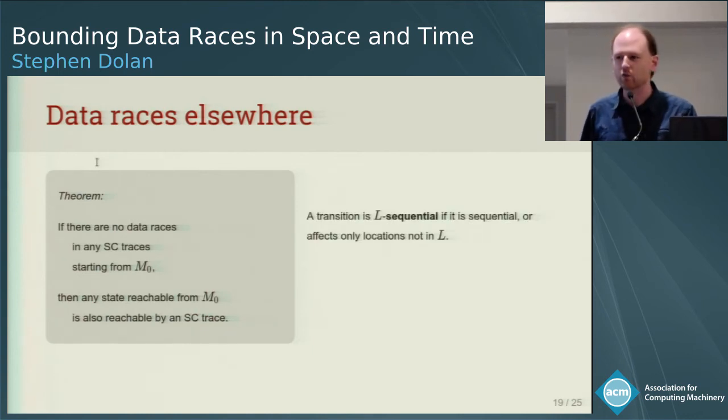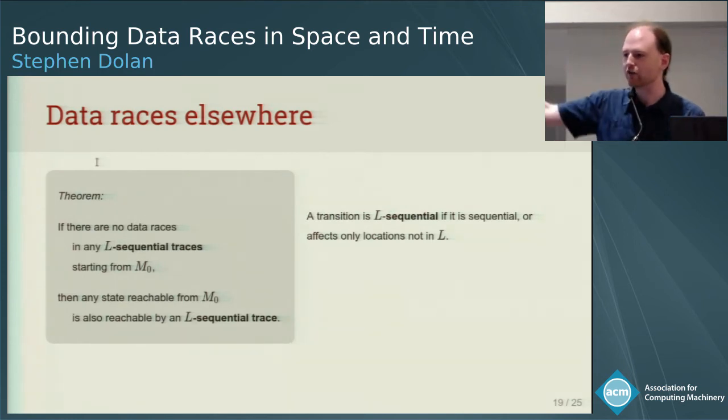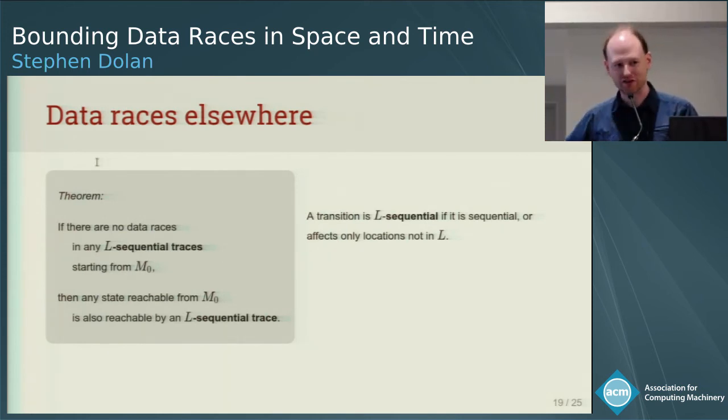So we'll say that a transition, a step, is L-sequential if it's either a sequential thing, a thing that the sequential machine could do, or it affects some location not in L, where L is just some arbitrary set of locations that are the ones that we're analyzing. Then, instead of saying that there must be no data races at all, we say there must be no data races on locations in L. And then we guarantee that the behavior will be as though the locations in L were sequential.